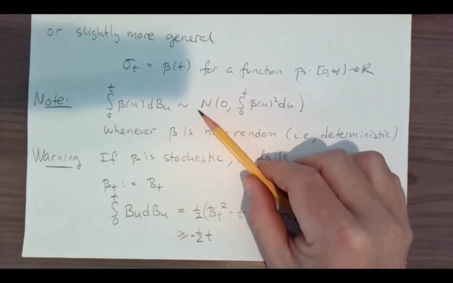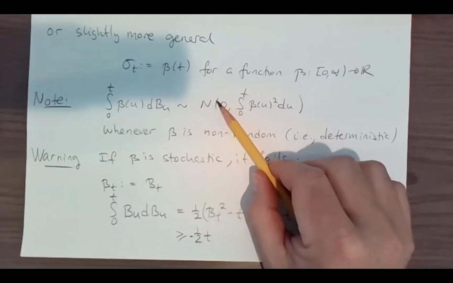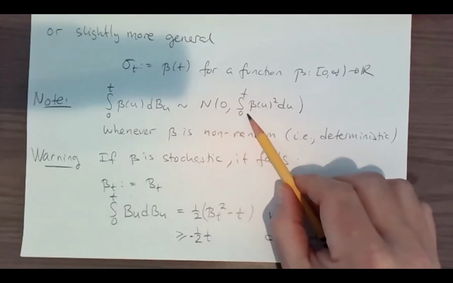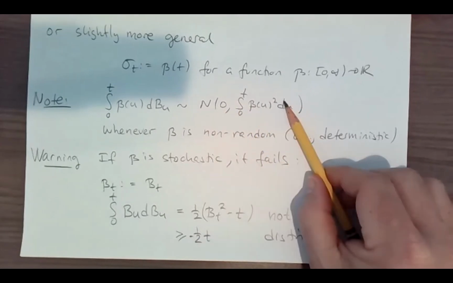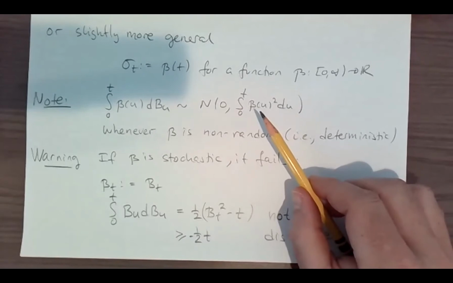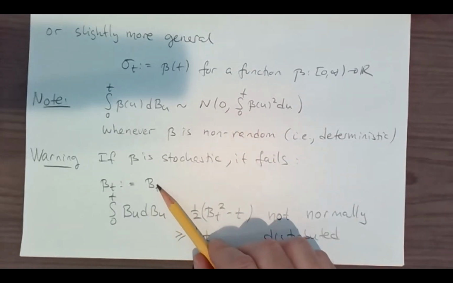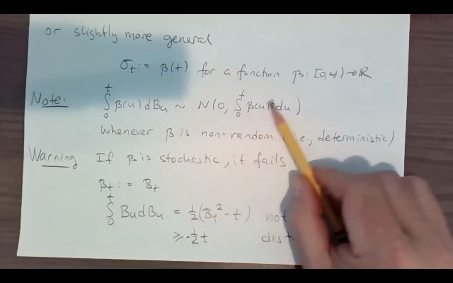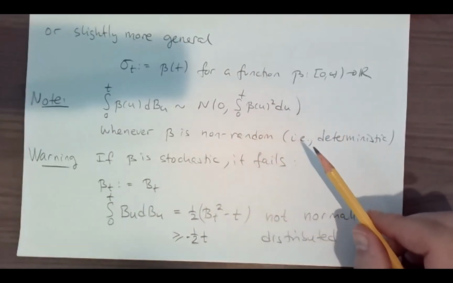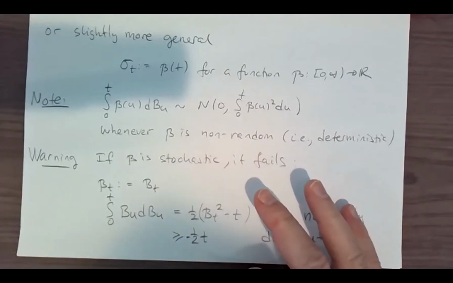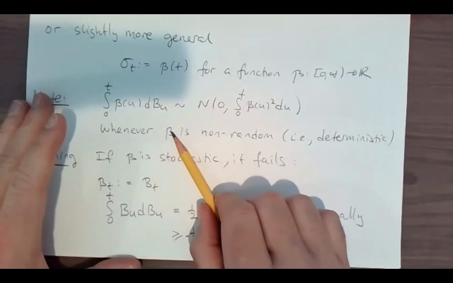Then you have a normally distributed random variable with mean 0 and then a stochastic variance. That doesn't make sense. So you cannot put B_t over here. This would not work. You're guaranteed that this works when the function beta is not random.